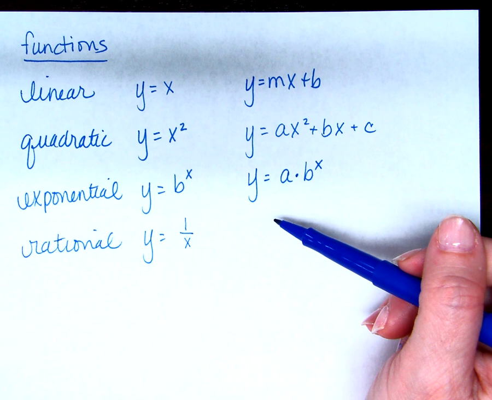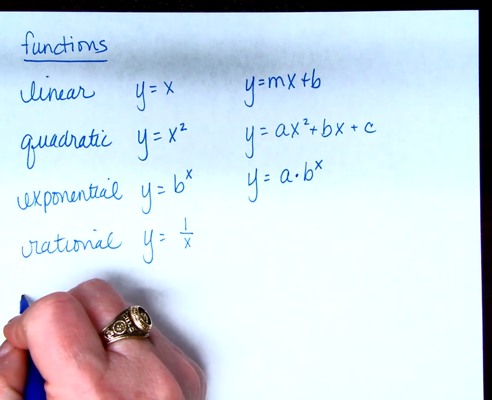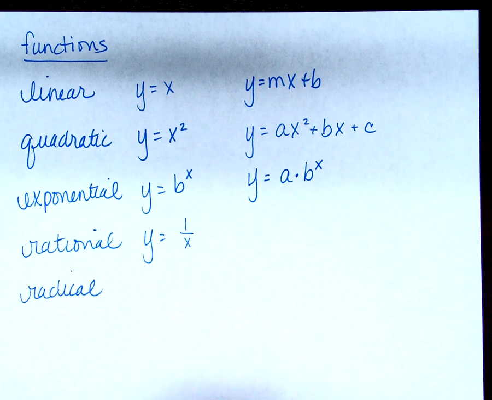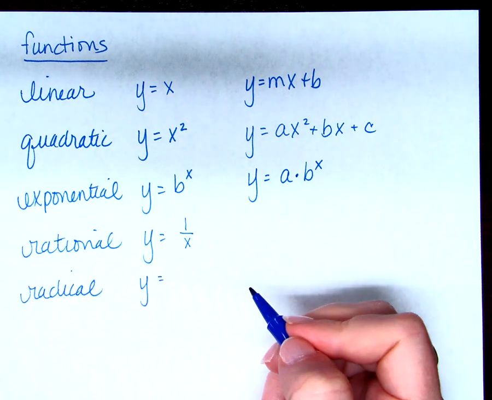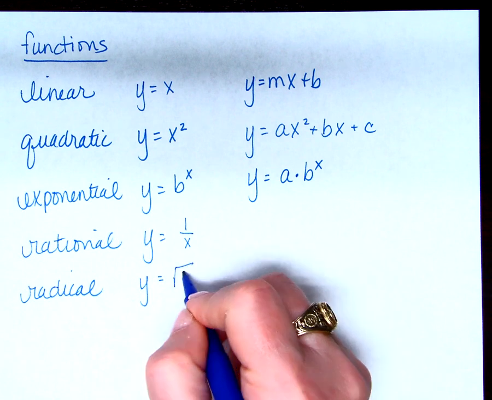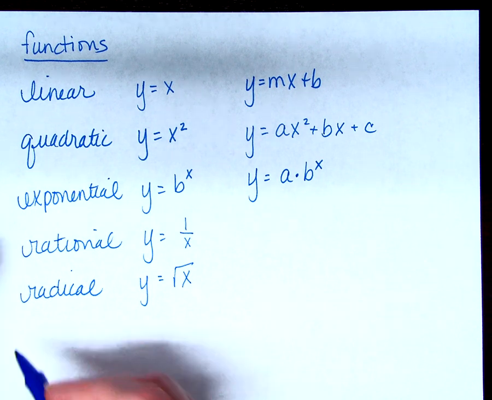How can they do it together? Remember us doing that last chapter? And then radical. Y equals what? Square root of x, right? Okay. Does that get some things in your head that maybe haven't been in your head for a bit? Okay.